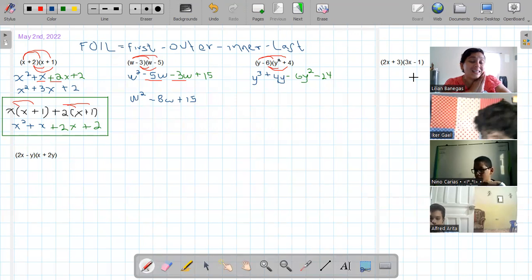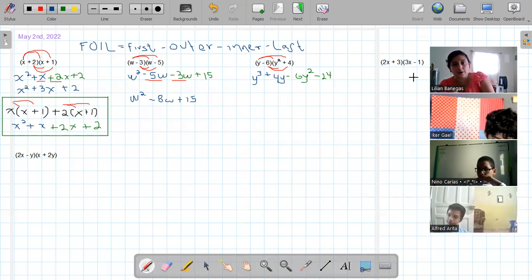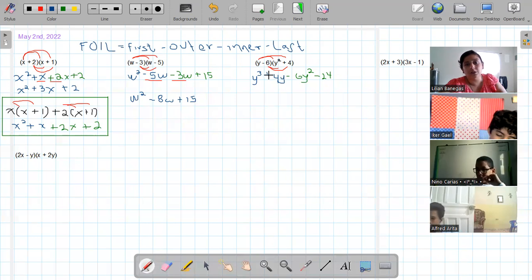That's going to be called standard form. And standard form is when you write your polynomial starting with the term that has the greatest exponent and you go in a descending way. You go smaller and smaller all the way to your constant, okay? So we're going to see which of these terms has the greatest exponent.